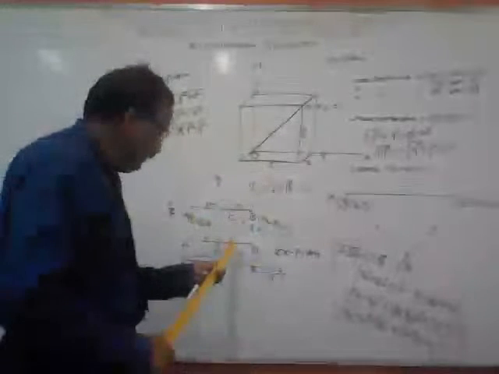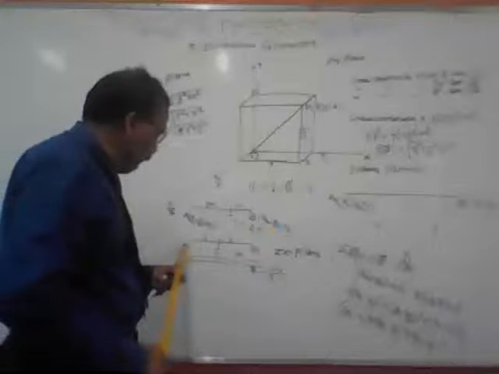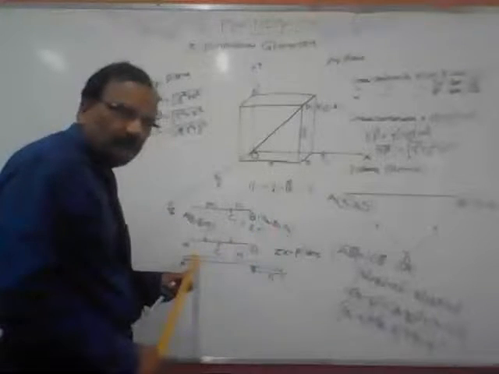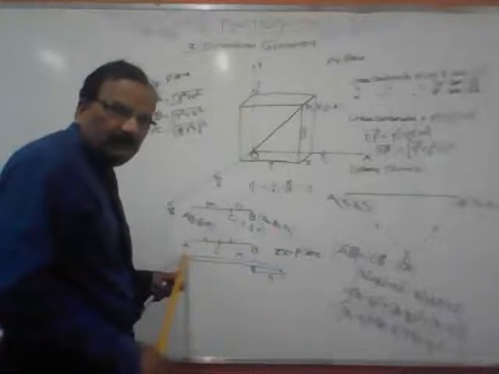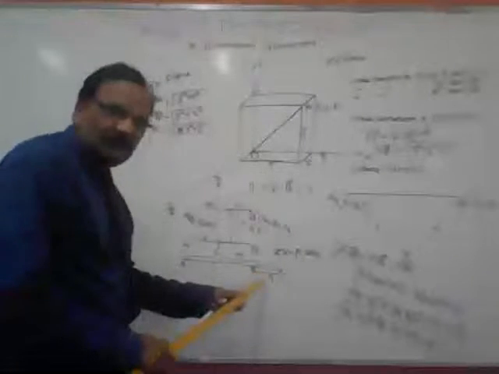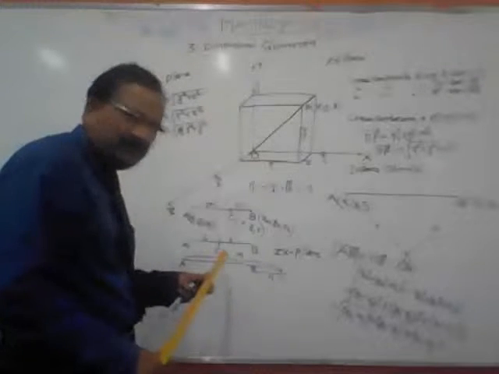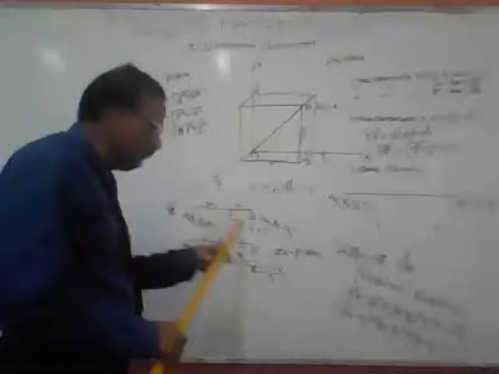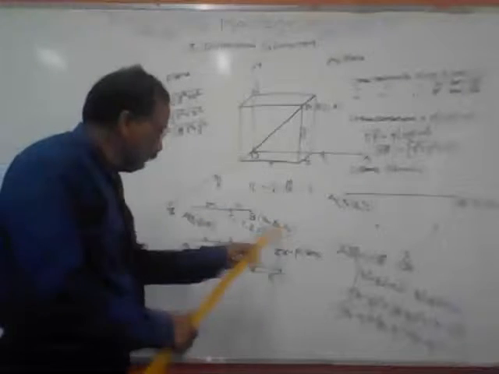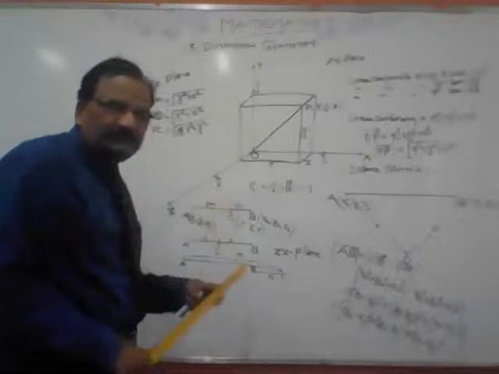Then bisection: with coordinates x1, y1, z1 and x2, y2, z2, it is (x1 plus x2) by 2, (y1 plus y2) by 2, (z1 plus z2) by 2. And external section: (mx2 minus nx1) upon (m minus n), (my2 minus ny1) upon (m minus n), (mz2 minus nz1) upon (m minus n).